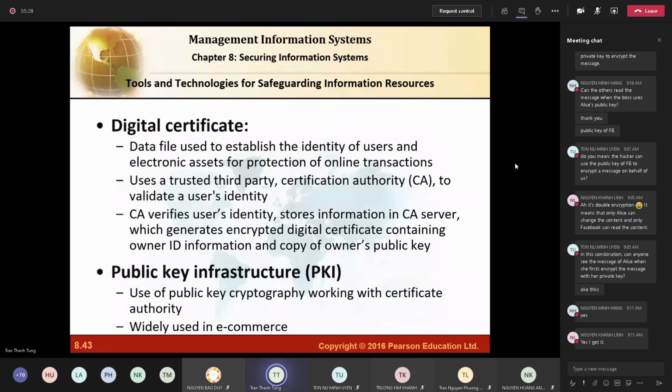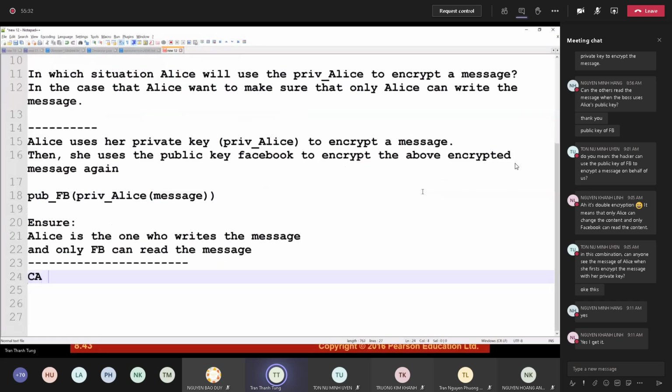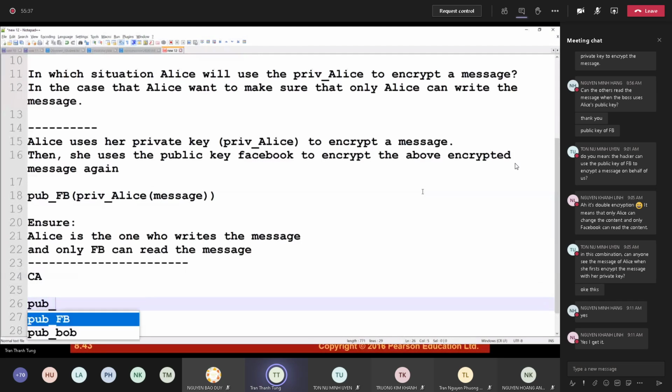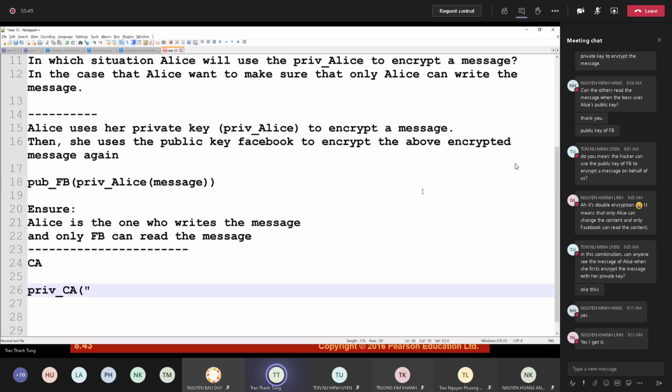The trusted certificate authority writes it out using the private key of the CA. Here is the public key of Facebook, and then pub of Facebook.